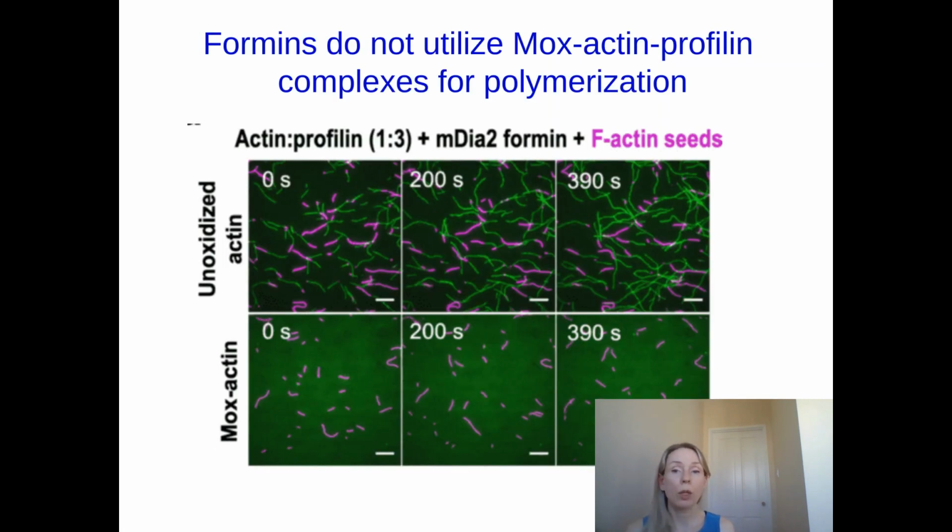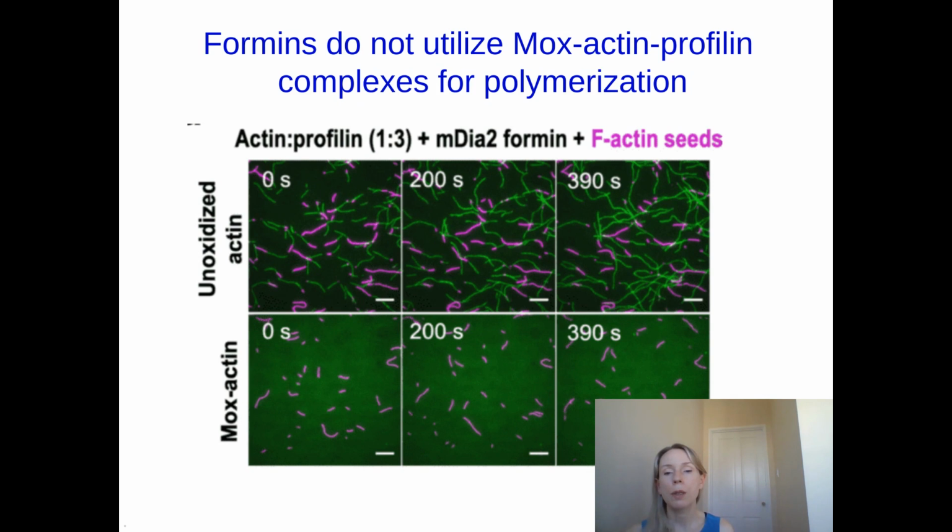And just to confirm that that's indeed the case, we again did TIRF microscopy, and we attempted to grow actin, unoxidized, which you can see at the top panel, and Mical-oxidized, bottom panel, from labeled unoxidized seeds in the presence of formin and profilin.